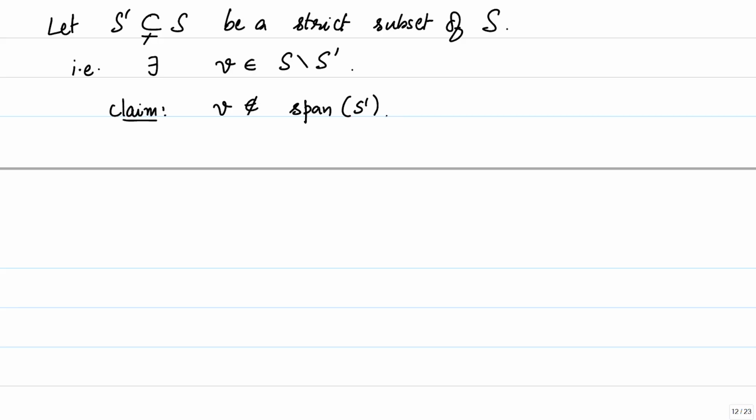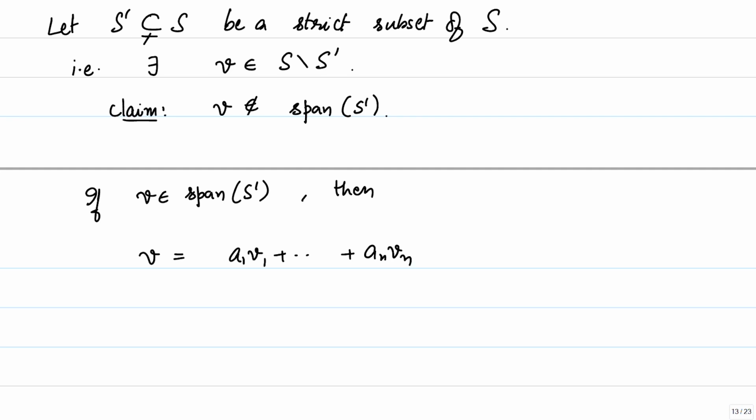Let us prove this statement by contradiction. If V belongs to span of S prime, then V will be equal to something like a1 v1 plus a2 v2 plus up to an vn, which is a typical element of the span of S prime, where v1 to vn belong to S prime and a1 to an are scalars, real numbers.